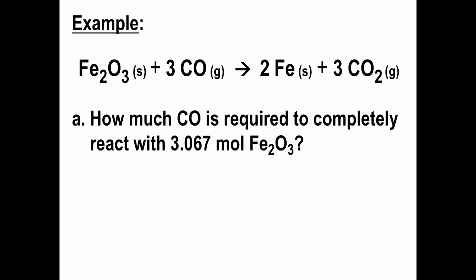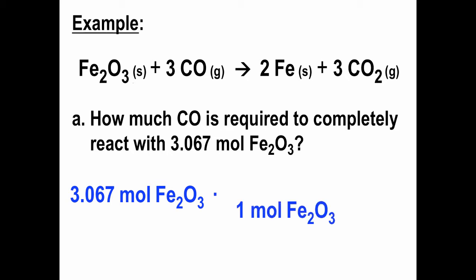So this is going to essentially just be a conversion problem. We have 3.067 moles of Fe2O3. We need to determine how much CO is required. And what we know is that for every 1 mole of Fe2O3 that reacts, 3 moles of CO are needed.